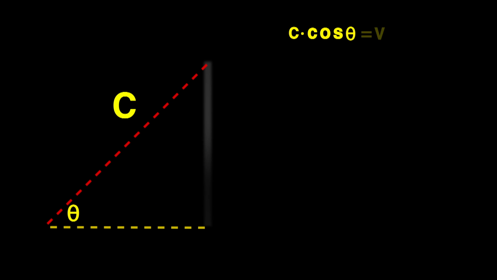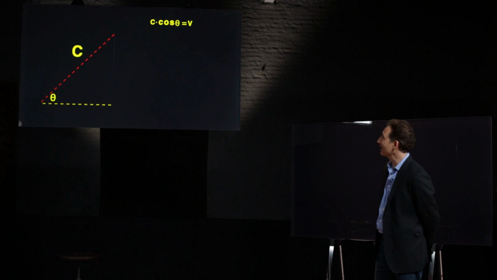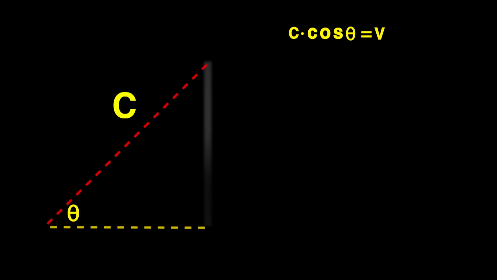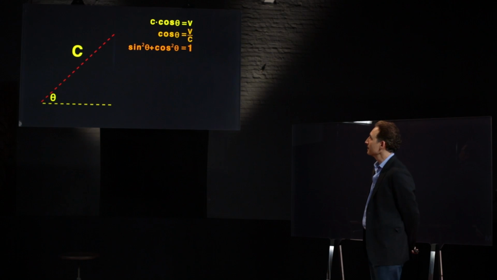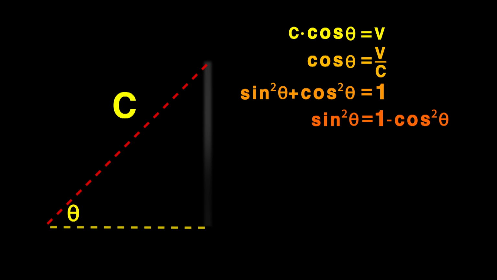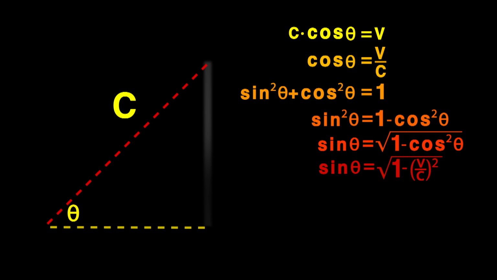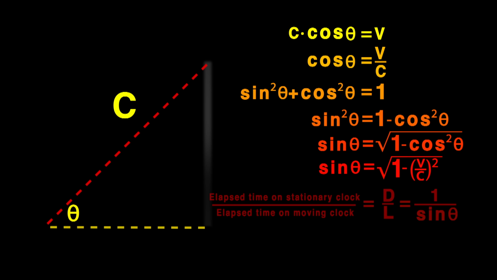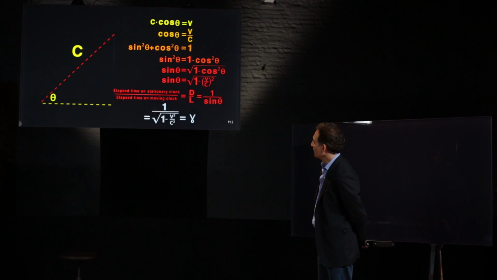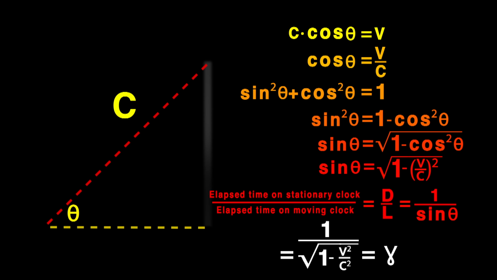And once you know that that's equal to the velocity of the clock, you are home free, because now we can just solve for cosine theta, given that, and the result between sines and cosines, as I mentioned before, you can go ahead and solve for sine theta, solving therefore for 1 over sine theta. And 1 over sine theta is nothing but the ratio that we are after. And therefore, we get our result, the gamma.